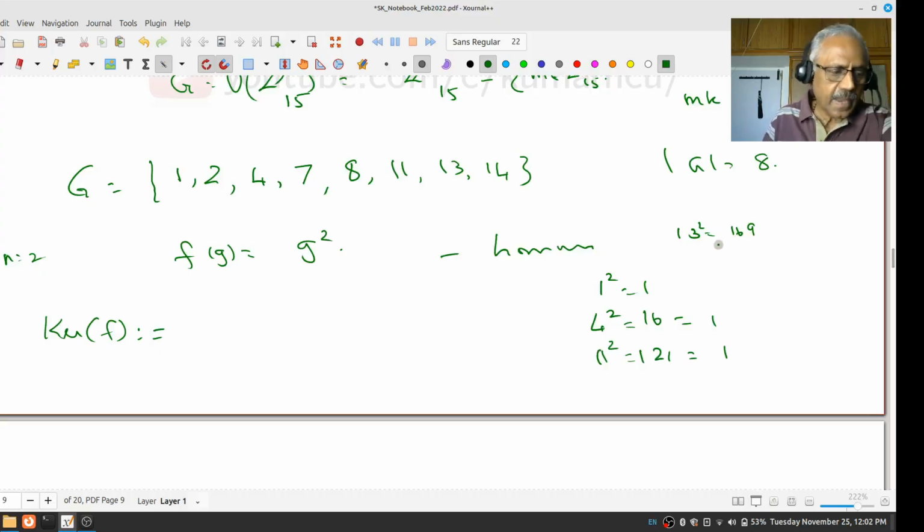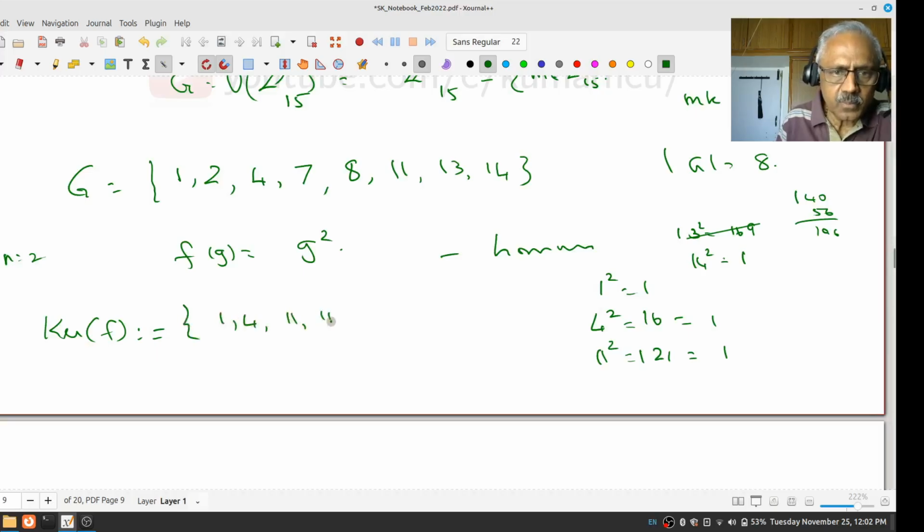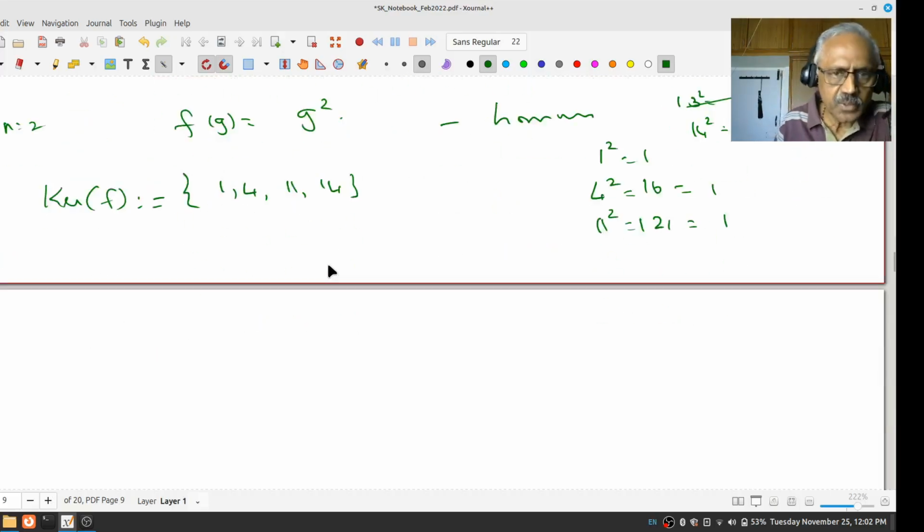And then let us see 14. 14 squared is 196, which is 13 times 15 plus 1, therefore it's 1. So the kernel of this consists of 1, 4, 11 and 14. I give you time just to make sure that you follow this. Please check.